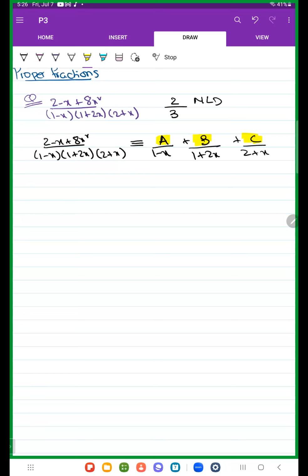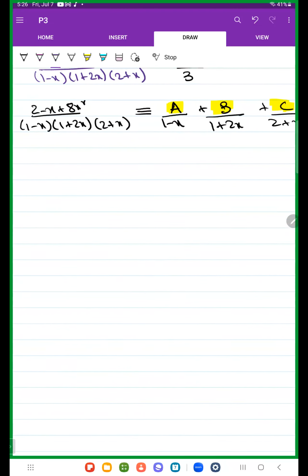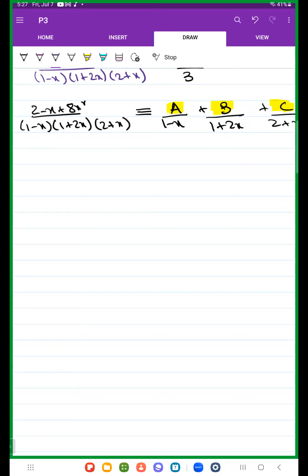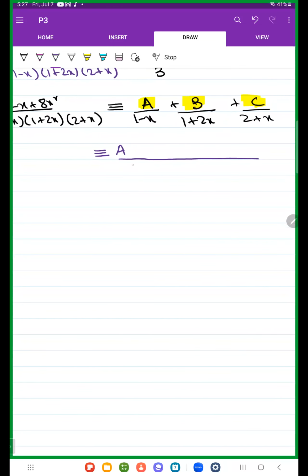Now let's understand how we find the values of A, B, and C. The next step is to take an LCM over here. When I take an LCM, what will be my denominator? 1 minus x into 1 plus 2x into 2 plus x.